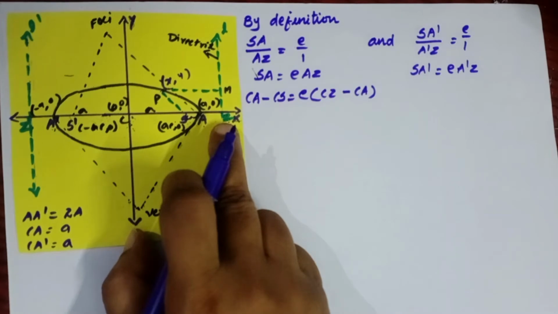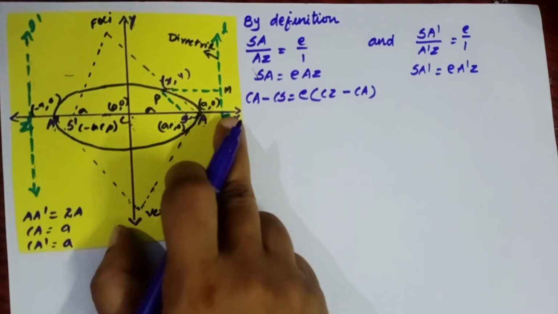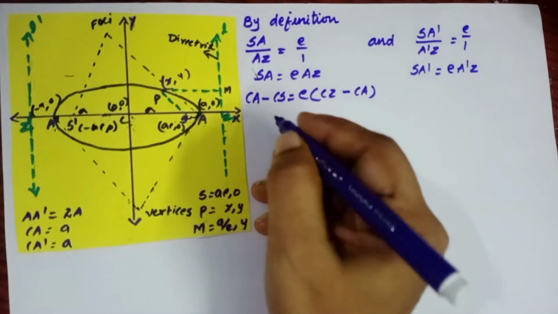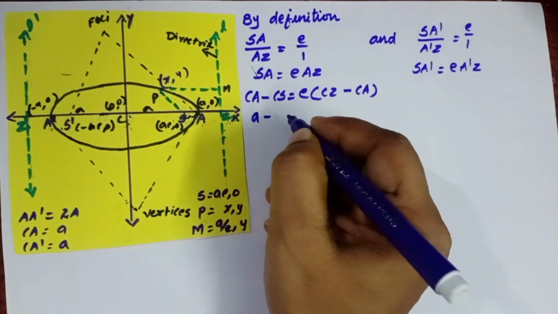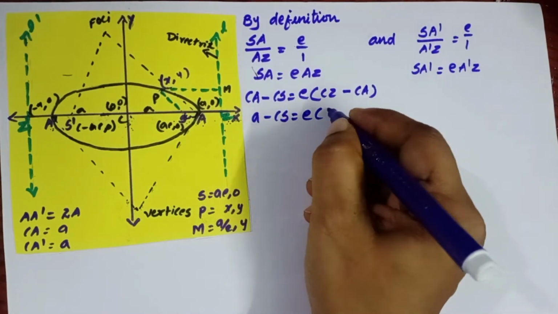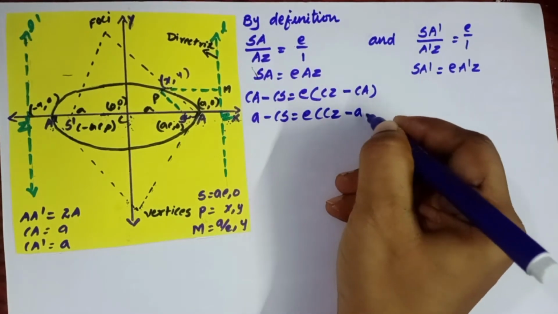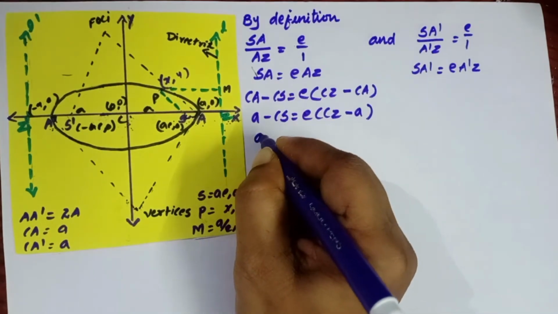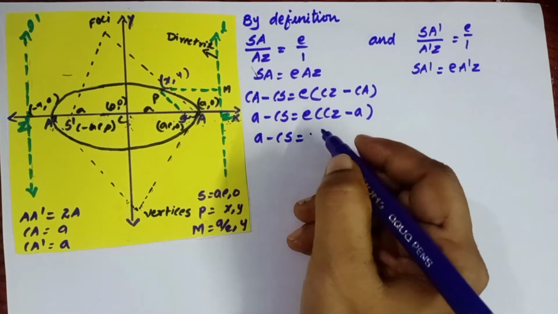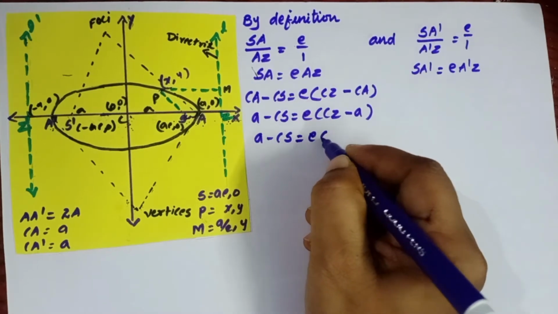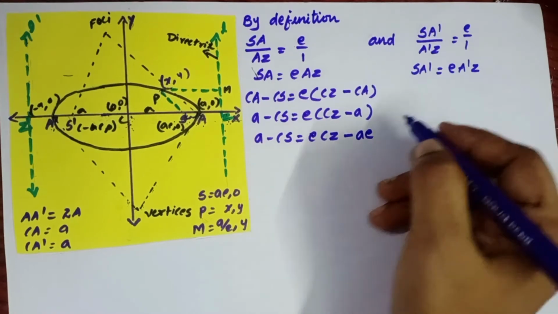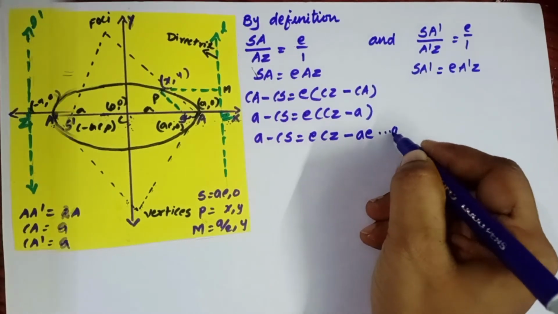AZ equal to total CZ minus CA. Now CA value is A, so A minus CS equal to E into (CZ minus A). So A minus CS equal to ECZ minus AE. So this is the first equation.